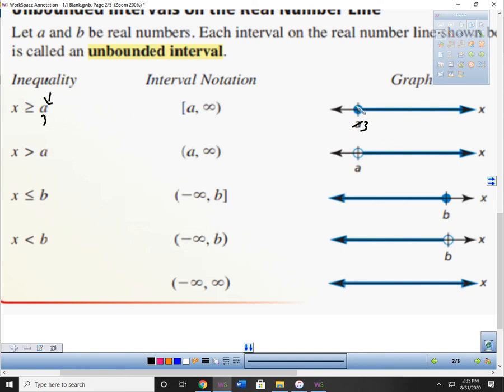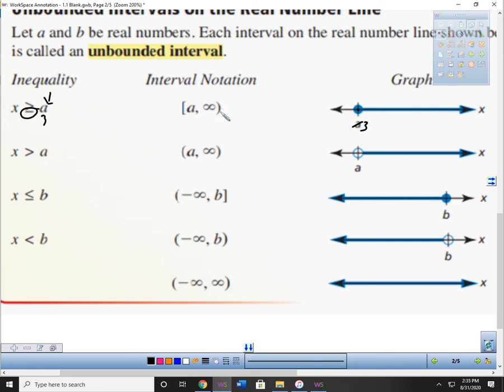That means I'm going to start at 3 with a closed circle, and I'm going to shade everything that's greater than 3. So I would start at 3, it's equal to, and then I would go all the way to infinity.